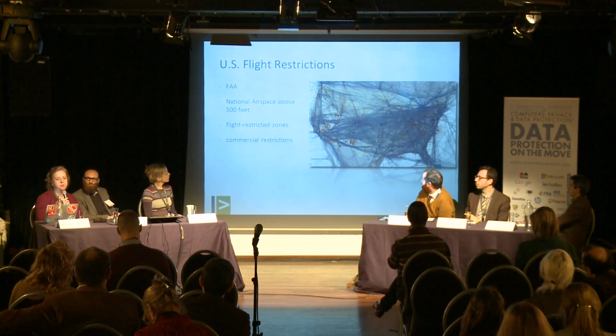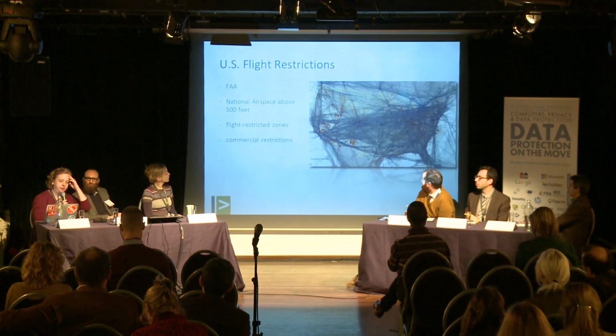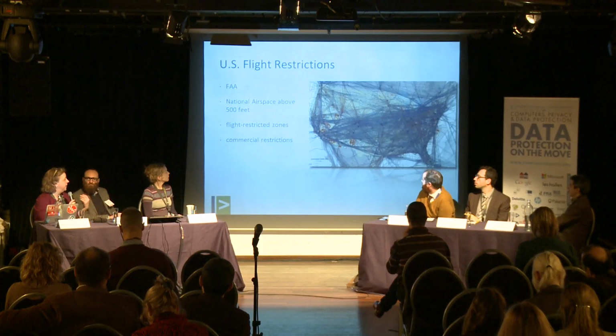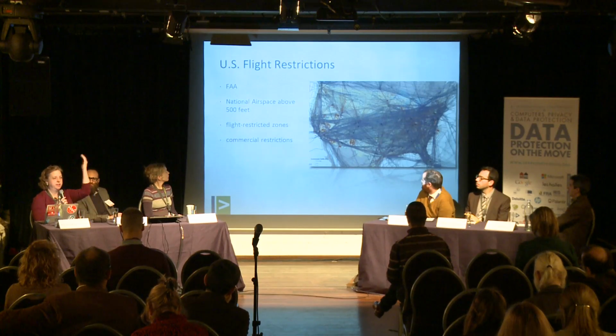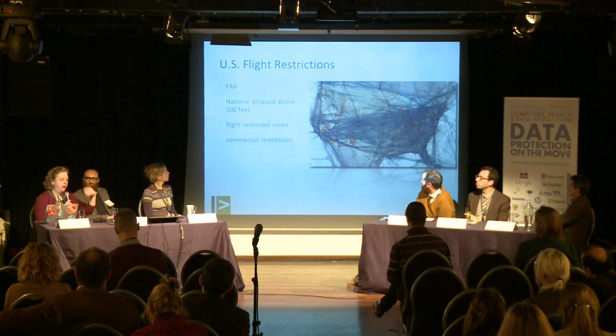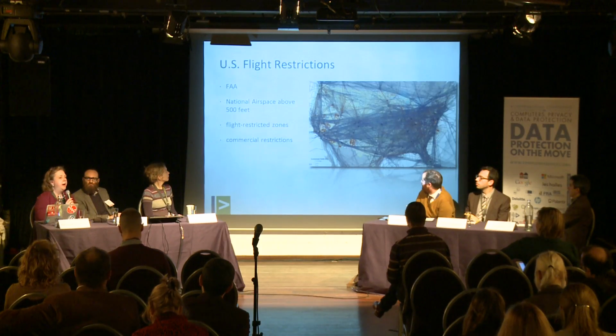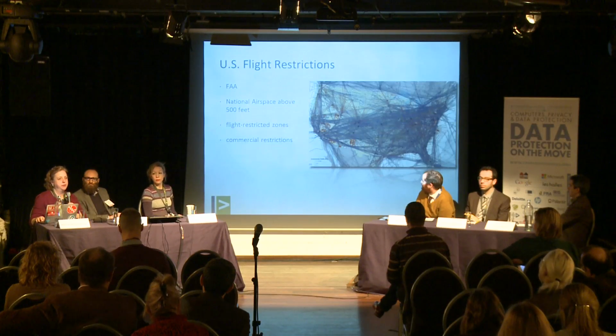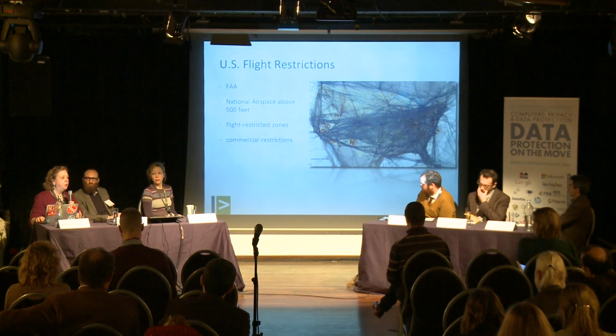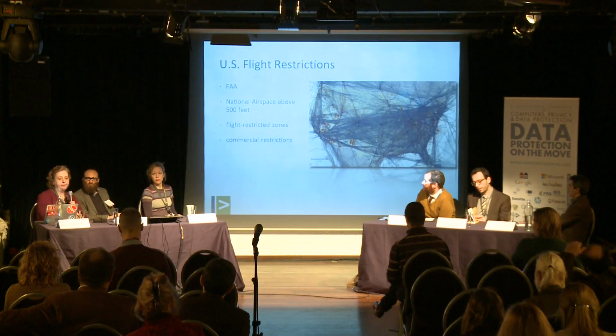It's not a small task for this agency to engage in these regulations. Flight restricted zones exist beyond the national airspace, which is generally considered 500 feet above the highest object in a space. For drone technology, they focused primarily on commercial restrictions, on limiting people who would use drones commercially.